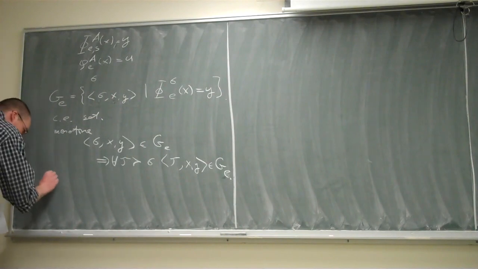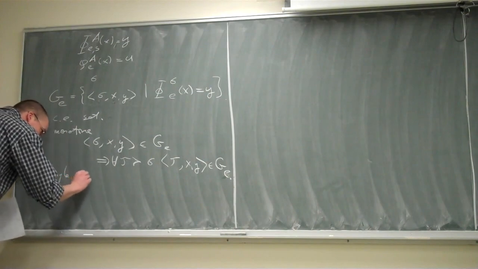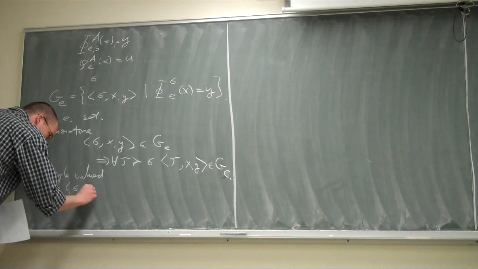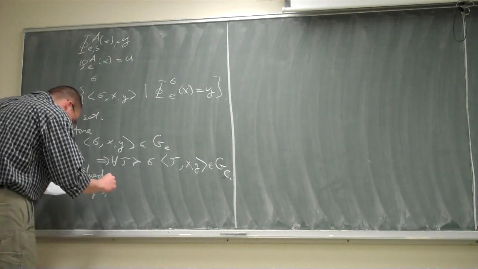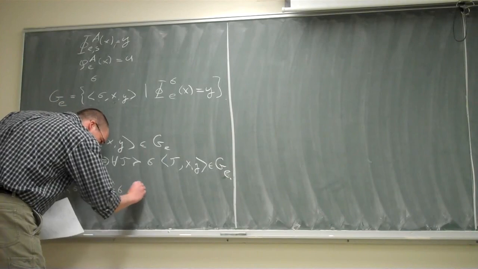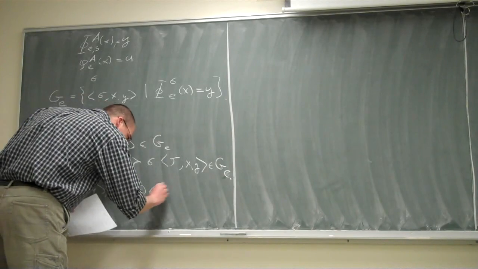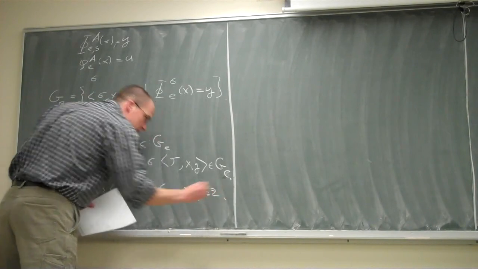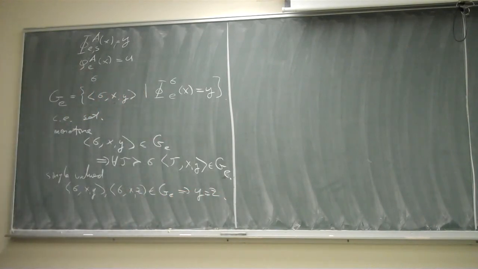And it's single valued. Also not a very deep insight. If sigma x y and sigma x z are both in G, then y is z. Right? If a set of triples like this comes from a functional, then this is the functionality requirement. Of course, on different oracles it could give different outputs.